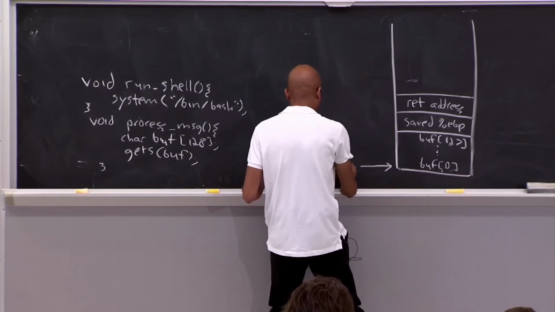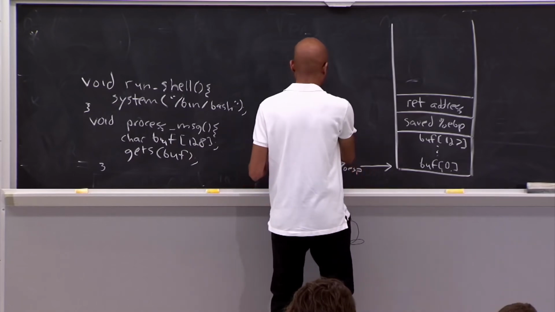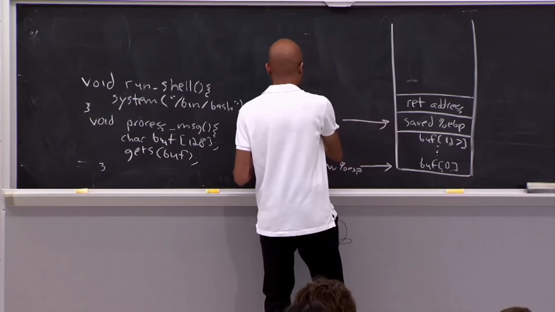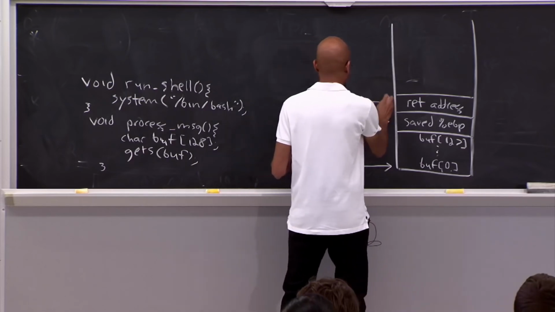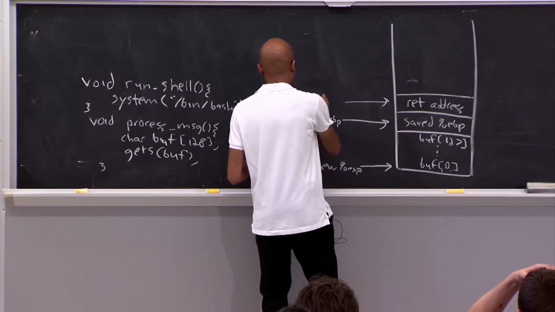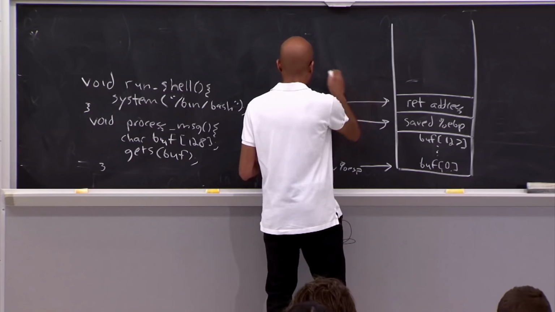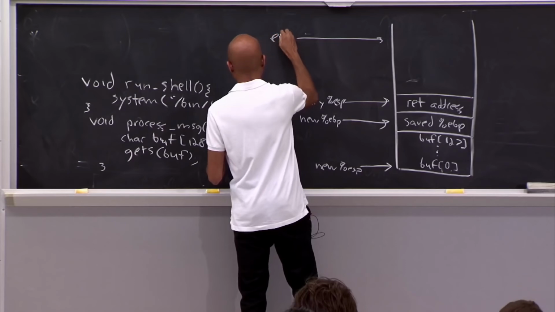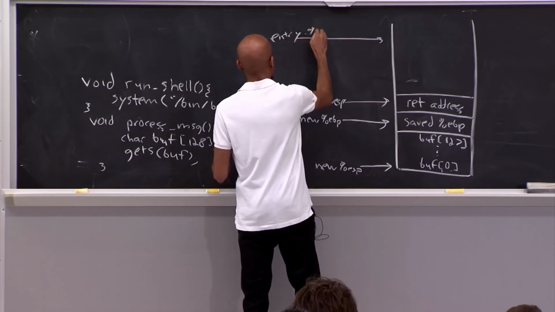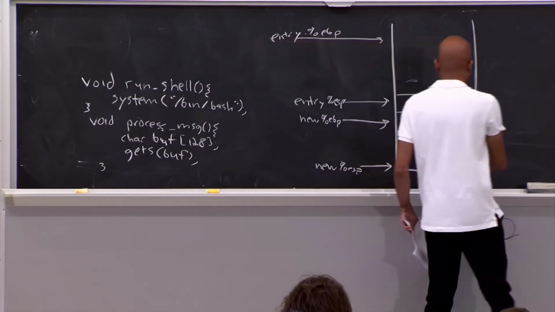Remember that the new stack pointer will be here initially when we start executing the function. This is the new base pointer. This is what the stack pointer used to be. And then we've got some base pointer up here for the previous frame. So this should look pretty familiar.